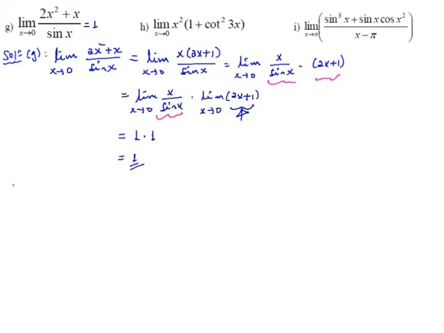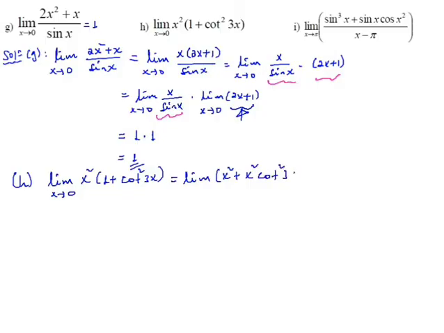Okay, next we have the H part. When we go to the H part, we have the limit of x square into 1 plus cot square 3x as x approaches 0. This can also be written as the limit of x square plus x square cot square 3x as x approaches 0.